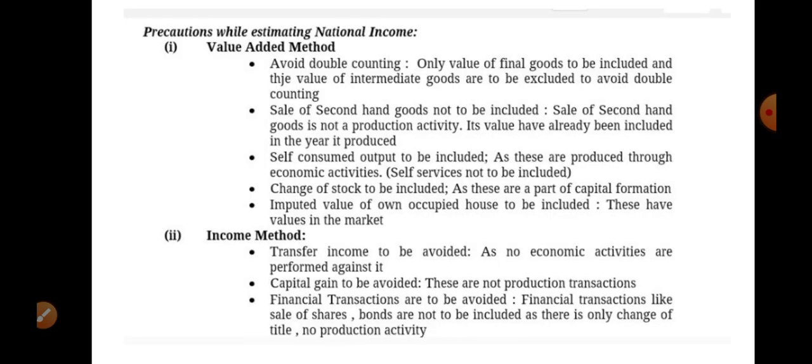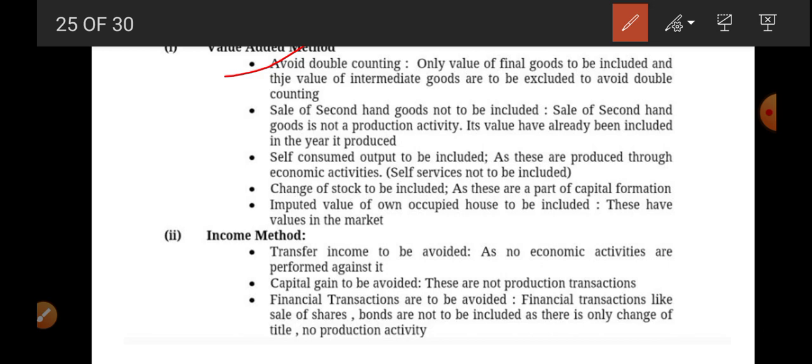Now precautions regarding all the three methods. So in the value added method, only the value of final goods is included. Why? Because if you include intermediate goods, it will be an overestimation of national income. Next, sale of second hand goods is not included, but if any commission is given on it, it is included.